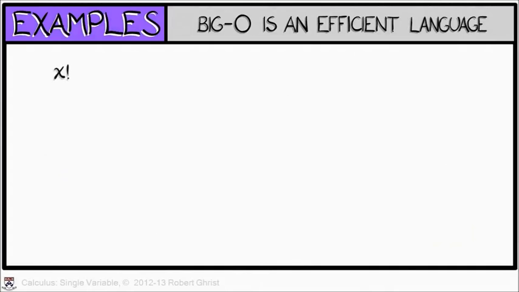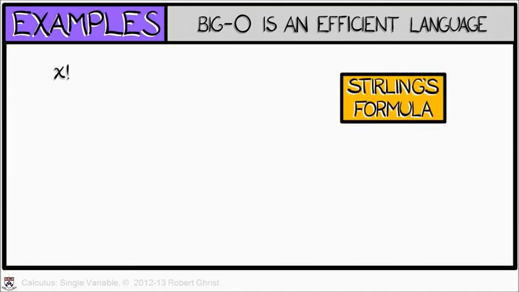Now, other examples are relevant to what we began this lesson with. Let's consider x factorial. We argued that its growth rate is pretty big, that x factorial is not in big O of e to the x. But we can say more.